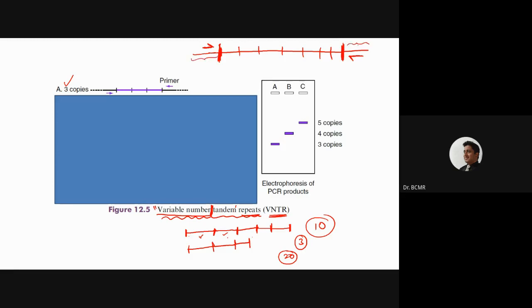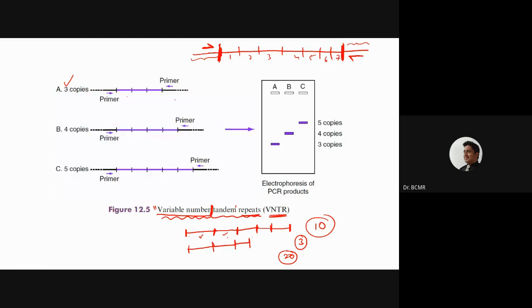This region is not a part of the repeats, whereas the middle ones are the tandem repeats. This one has 1 2 3 4 5 6 7, 7 repeats in tandem. So we should have designed primers like this.